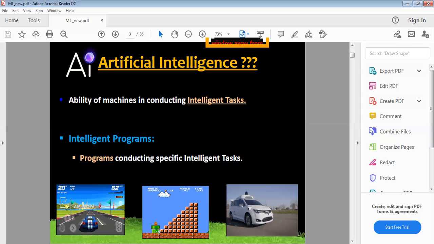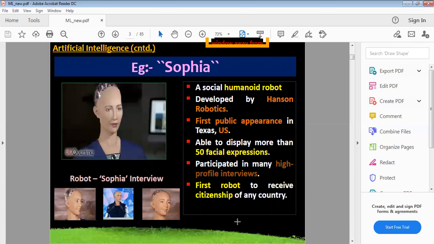Who is going to make him climb? It is we people who make him climb. He is a machine and he is going to learn according to us. This is another car. We are making them work, and that is what we call artificial intelligence.